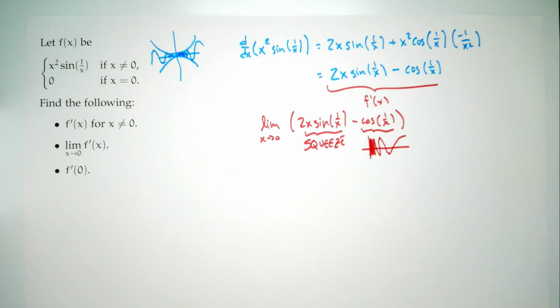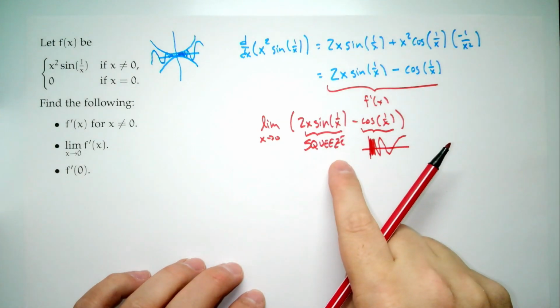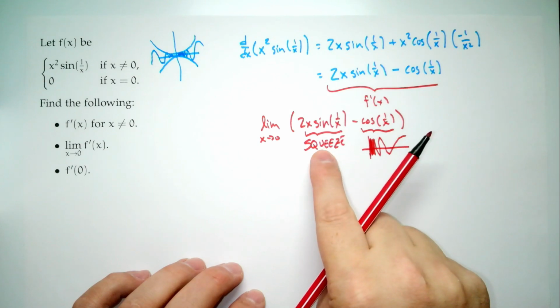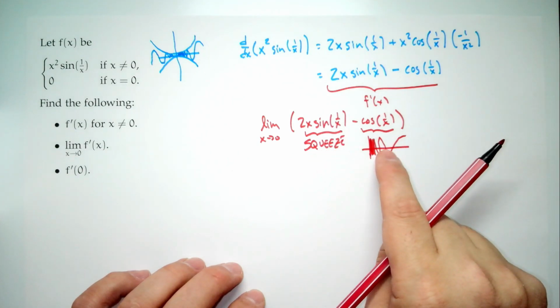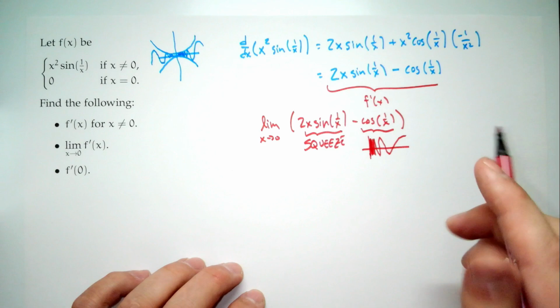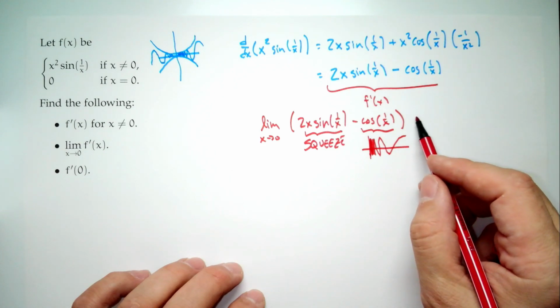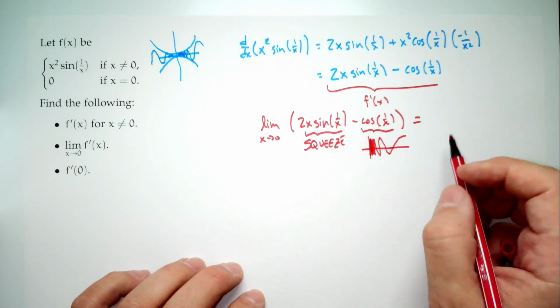If you think about what the cosine curve normally does as you go to infinity, it oscillates up and down. But now you have to press all those infinitely many oscillations into a very small window, and so it tries to go crazy. So what's going to happen to our limit? This part's going to 0. This part's oscillating up and down between 1 and negative 1. The net result is that this limit does not exist.